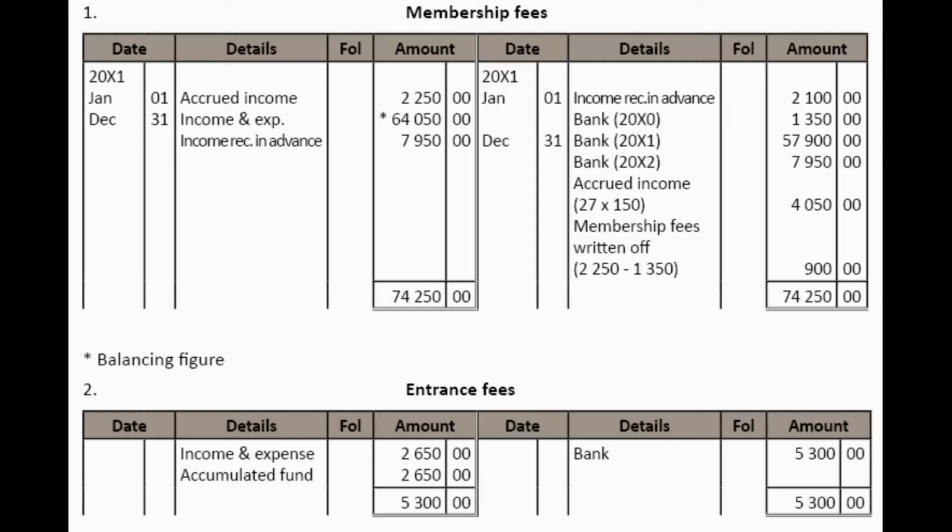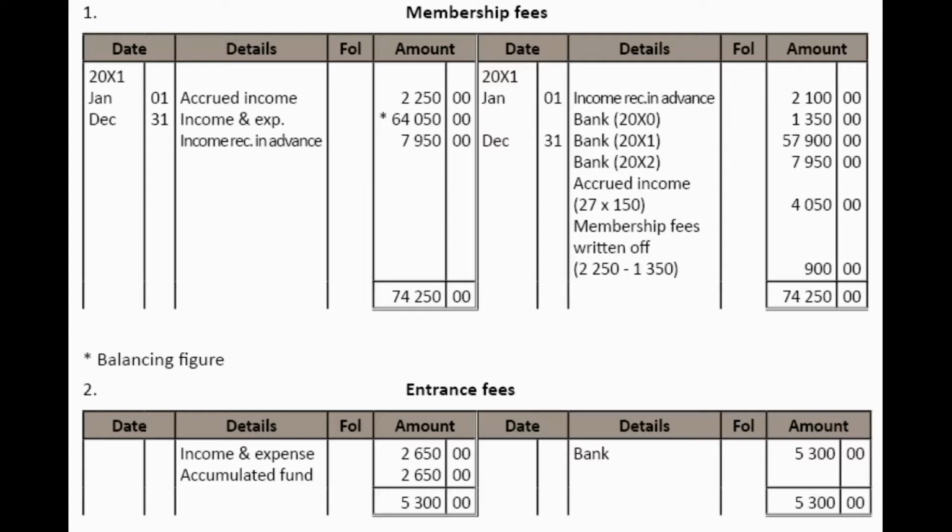Okay, so let me see, what have we received for 2020? What they give you is the amount accrued, so you can do that adjustment. Income accrued on the credit side of your membership fees account is 27 times 150, which gives you 4,050. So you can do that adjustment for the accrued income at the end of the year.